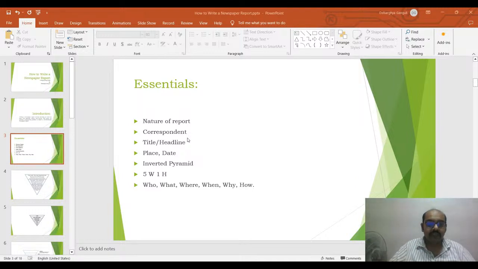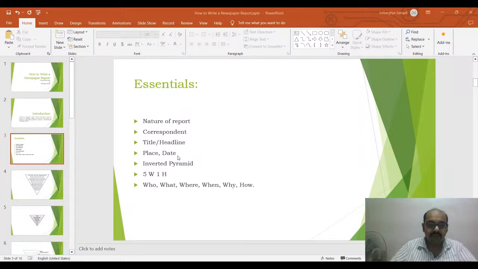Now we come to the title or the headline. Every news story must have a title or a headline. Say, Leading Kolkata Mall catches fire, or Leading Kolkata Mall under flames. This would be a very significant title, which basically represents the gravity of the situation in all of its propriety.